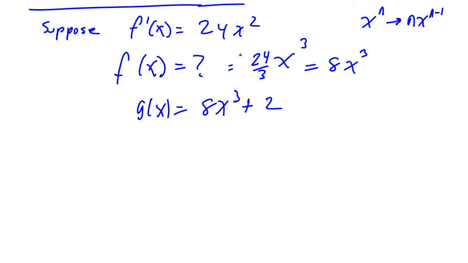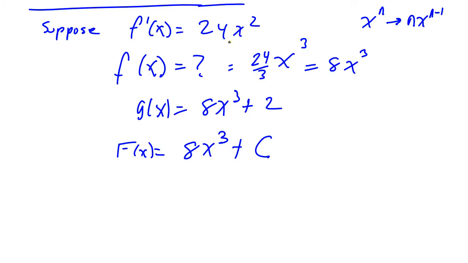It turns out, because of the mean value theorem and the constant difference theorem, if you have two functions with the same derivative, then they must differ only by a constant. So if I write capital F as 8x cubed plus c, where c is just some unknown constant, this describes all of the functions that, when you take the derivative, give you 24x squared.